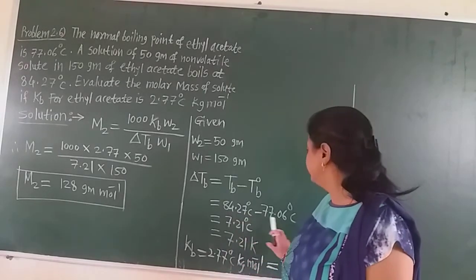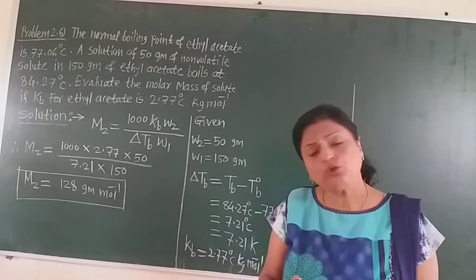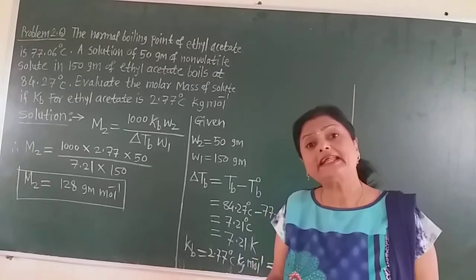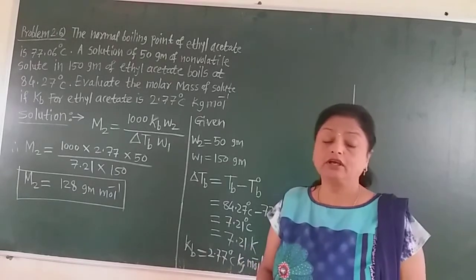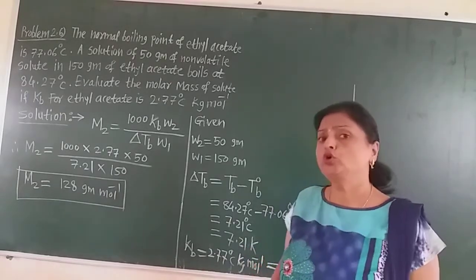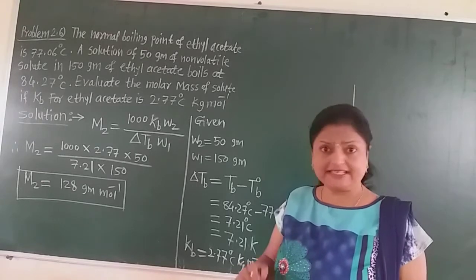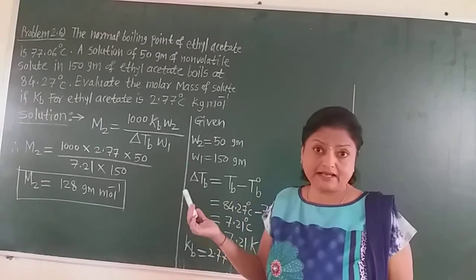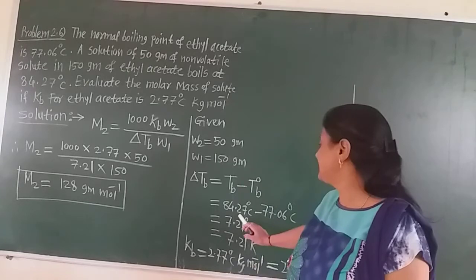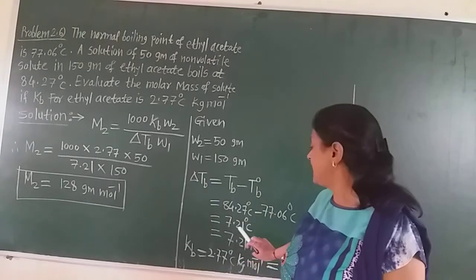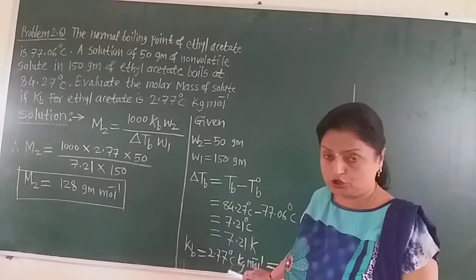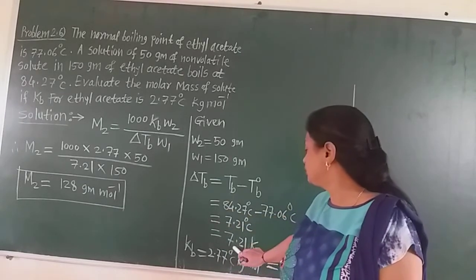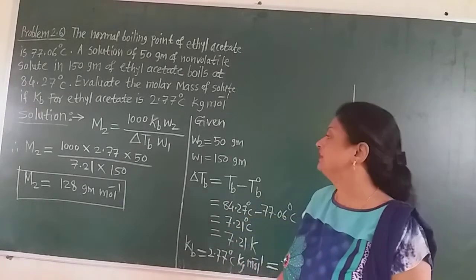So do not convert the temperatures into Kelvin and then subtract. You can directly subtract and the answer in degree centigrade is the same in Kelvin. So delta TB is equal to 7.21 Kelvin.